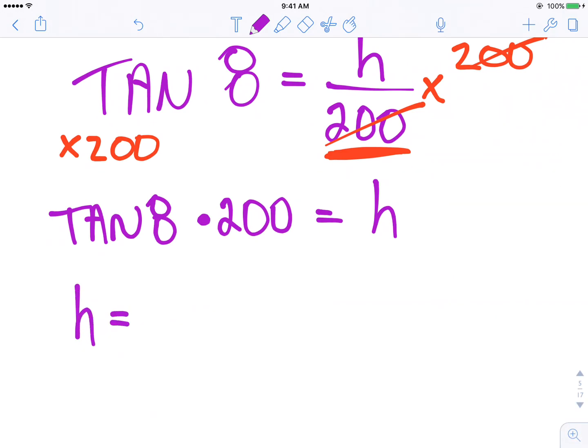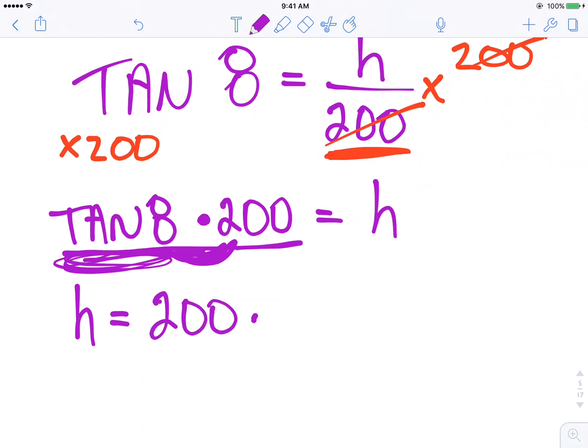But I want to show you one other little thing. You have to be careful when you're punching this into your calculator not to multiply 8 and 200 straight away, because that's not what you're finding the tangent of. You're finding the tangent of 8 and then multiplying by 200. So be careful on the steps on your calculator. Generally, when I see this type of situation, I'll write the 200 out in front times tangent 8.